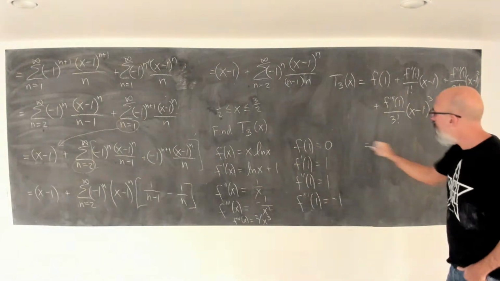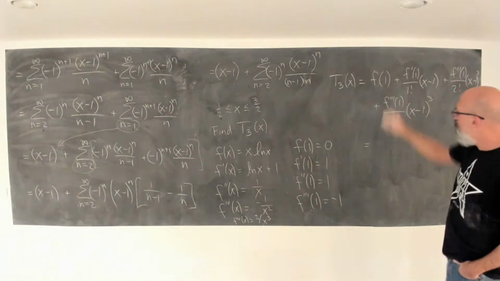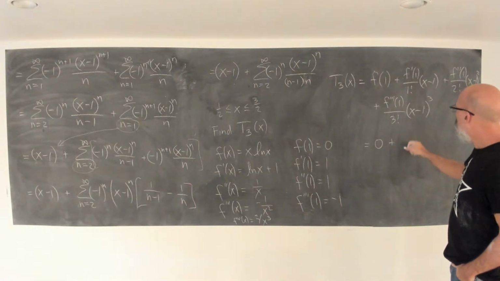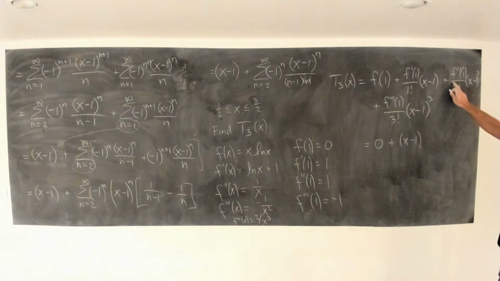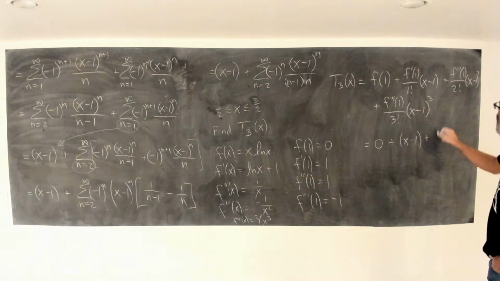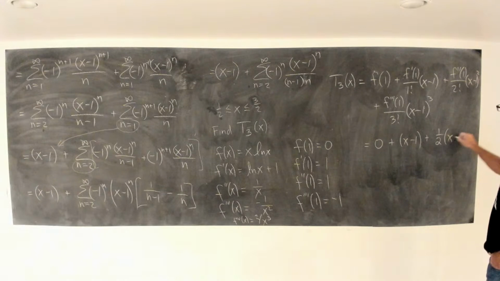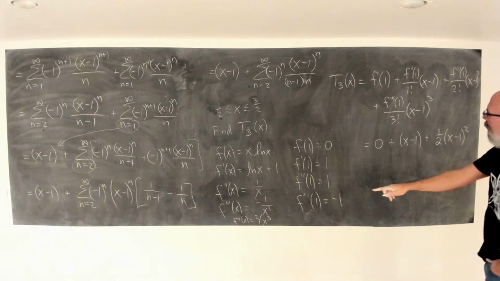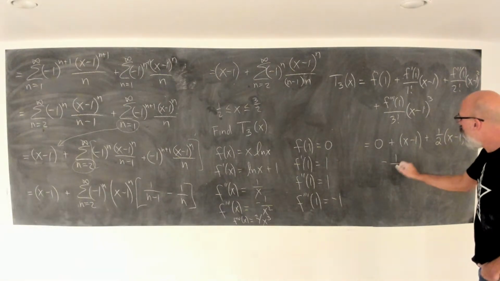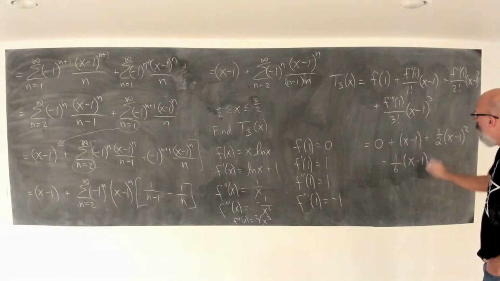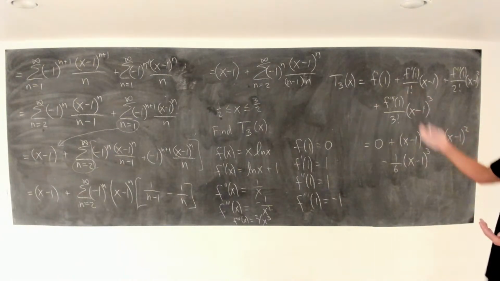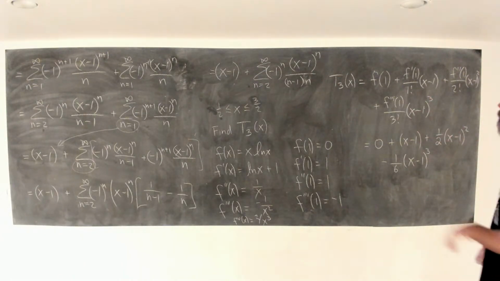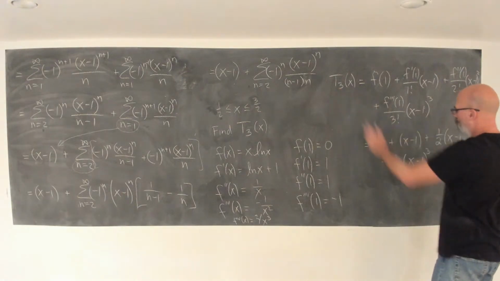Right, so what is that? This is 0 plus 1 times x minus 1, plus 1/2 x minus 1 squared, and finally 1 over 6 x minus 1 cubed. That is your Taylor polynomial of degree 3.